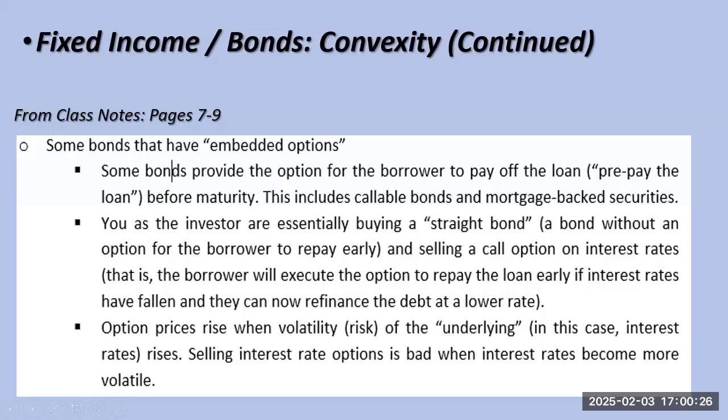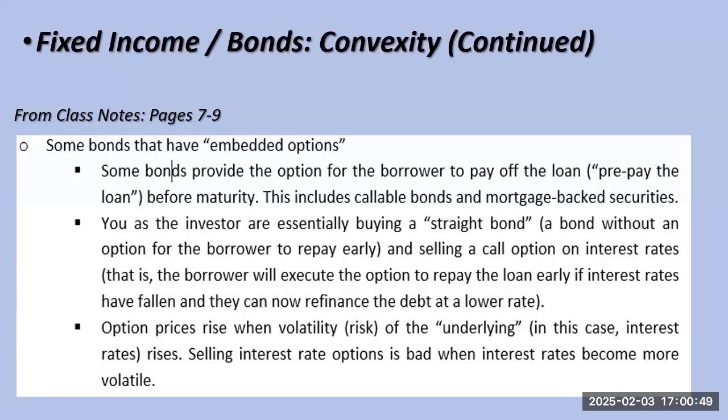And that is an option, just like we're going to talk about options later in the class, stock options. It's priced just like any other option. And these are called mortgage-backed securities. We'll have to talk about mortgage-backed securities here. When you buy a mortgage-backed security, it's a collection of mortgages.